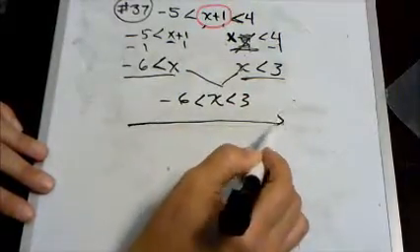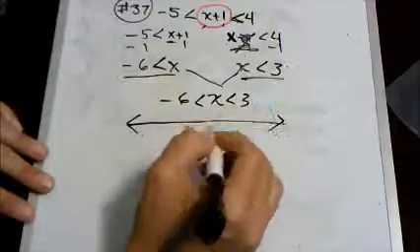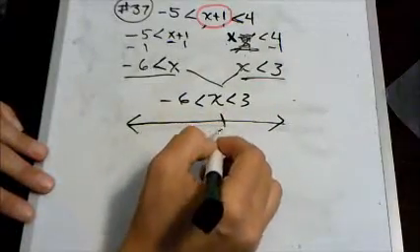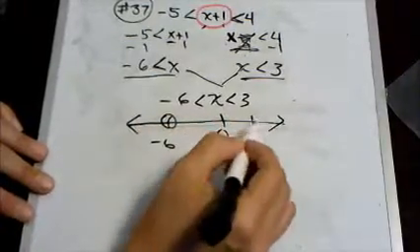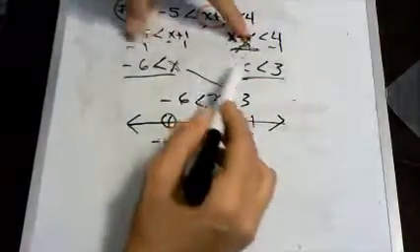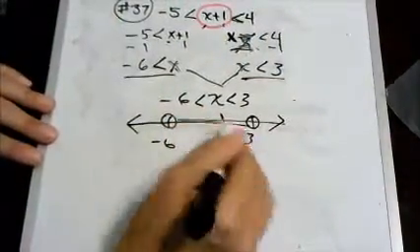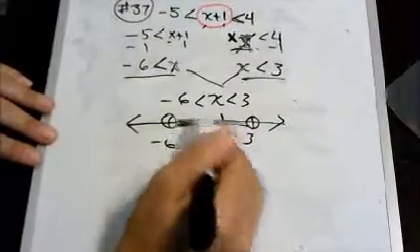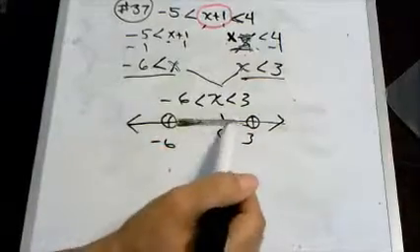So that way you can see that it's joined in the middle, and you have a 0 and a 3, and on this side a -6, and it's in between. See how these x's, we took it apart, we're supposed to put it back together at the end. That's what I had failed to do. That's why that looked kind of weird. So it's not an or, it's an and.